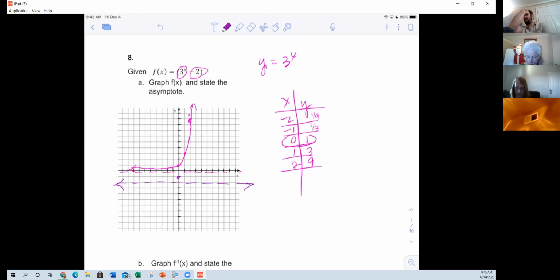The 1, 3 becomes 1, 1. This one, 2, 9, becomes 2, 7. And that's enough to graph the function. If you do it this way, highlight the final answer or point at it to indicate that that's it. And the asymptote would be y equals -2.